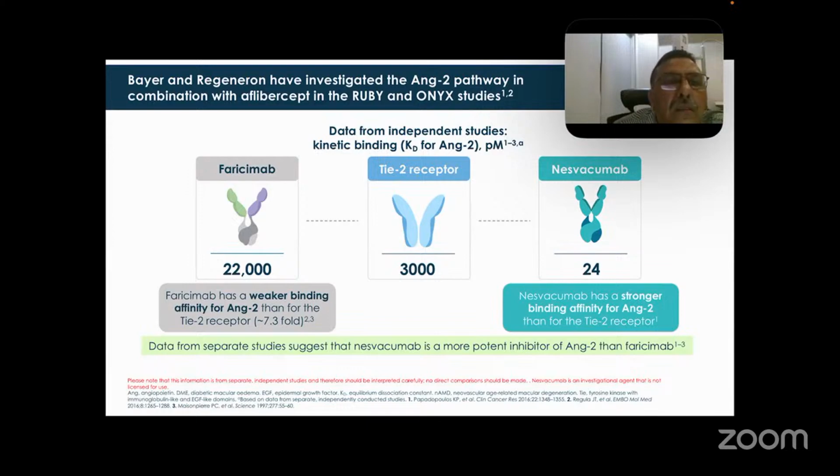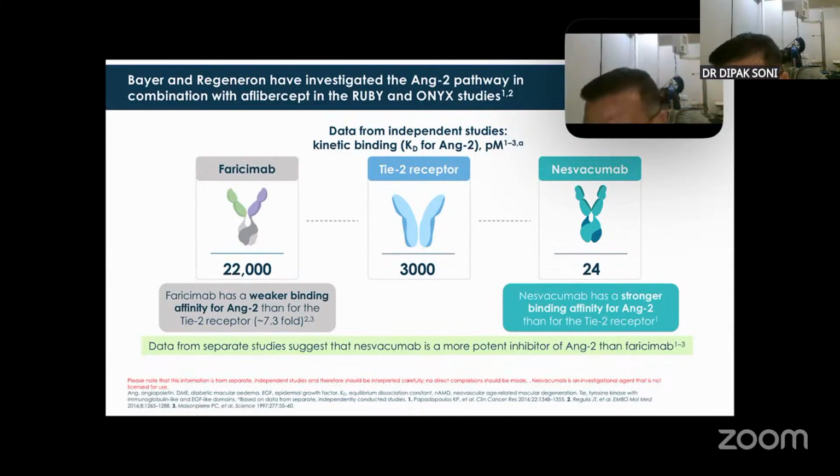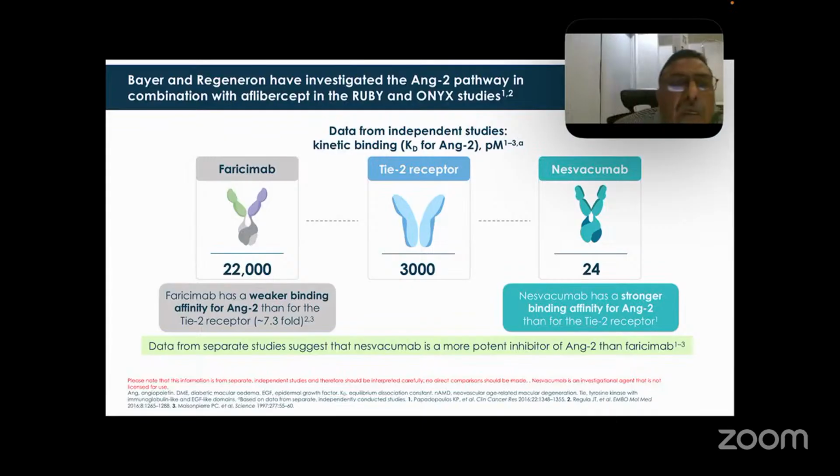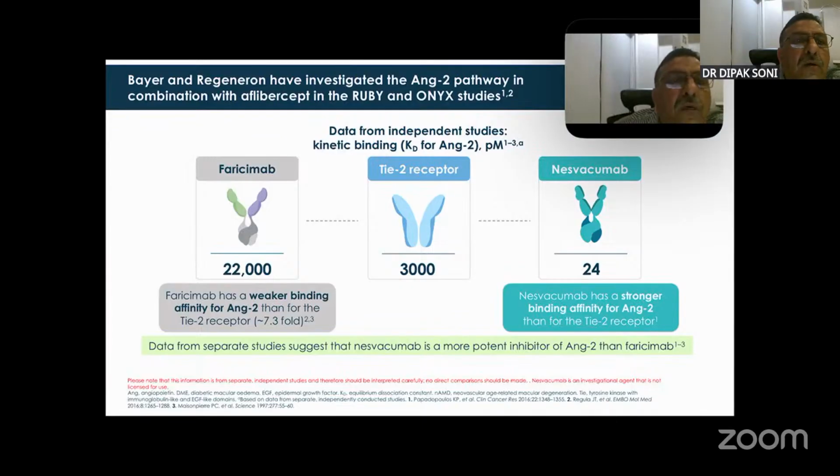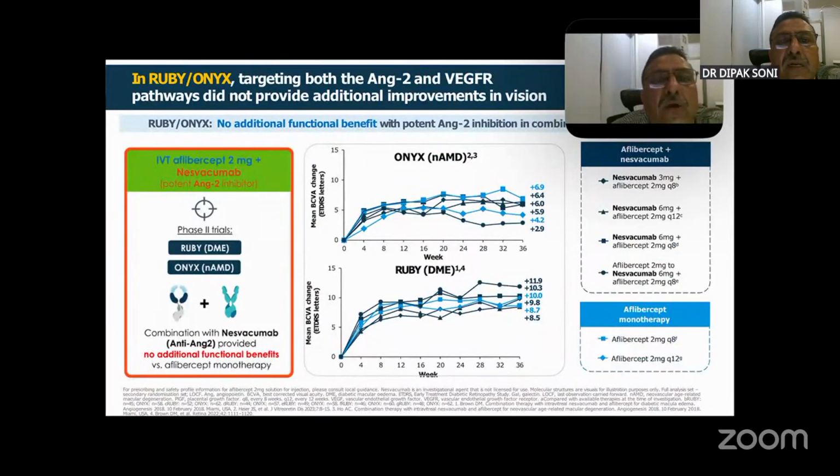These are two different studies they have observed. The unbalanced study design favored faricimab, and the additional angiopoietin 2 targeting with faricimab did not confer any additional clinical benefit over aflibercept.